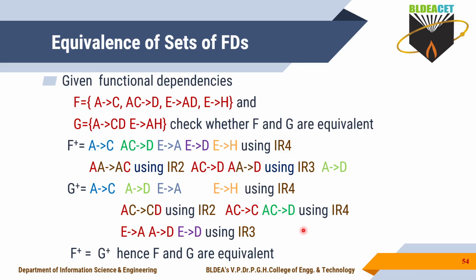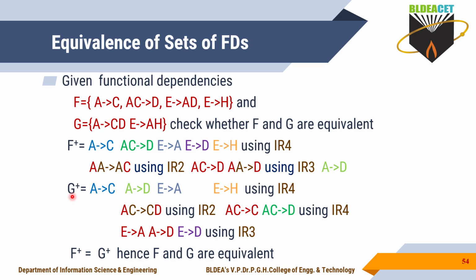After applying the third inference rule, the transitive rule, I got E determines D here. So this is the closure of G here.